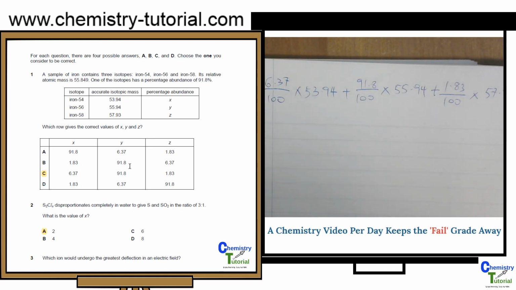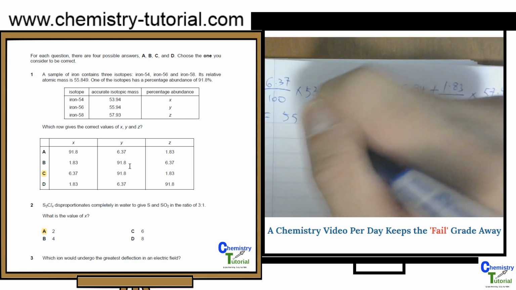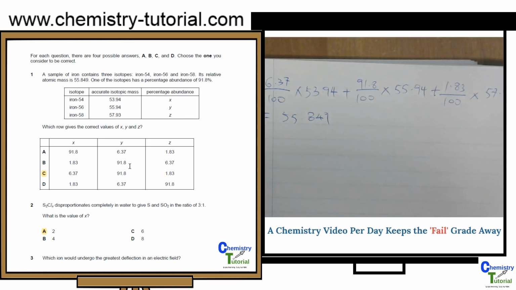You do your calculations, and it turns out that indeed we do have the relative atomic mass as 55.849.